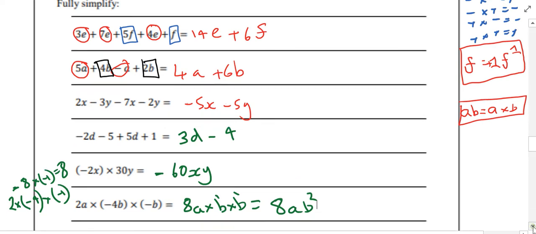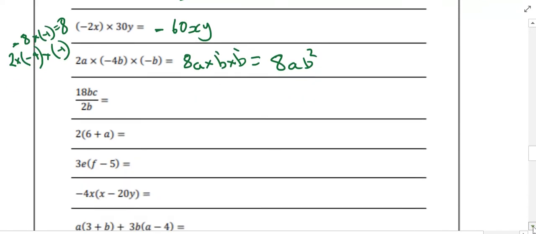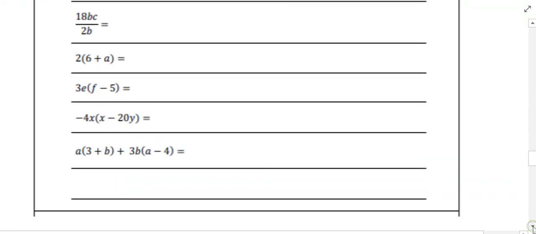Okay, I feel like we need to do some more examples. So have a go at these nasty, horrible questions. Now, we didn't cover division, but let me give you a division to do. Let's do ABC divided by 9BC.